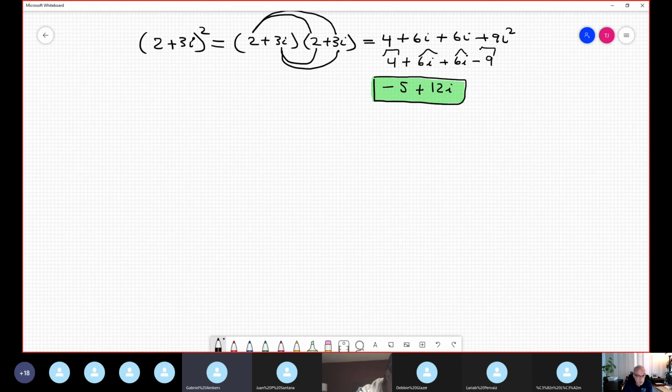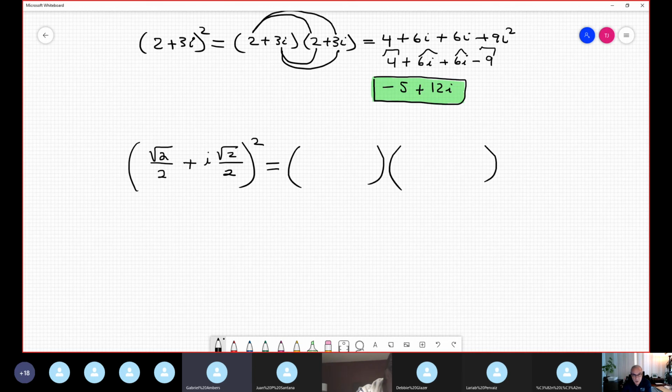Suppose this, a little bit weird, using irrational numbers. But don't worry, it's the same idea. Let me try it. So the first step is you break it down, in this case, twin brothers.